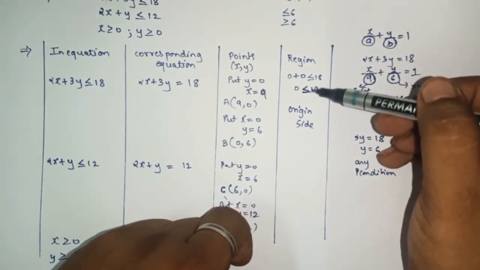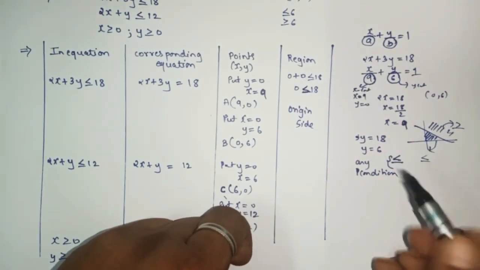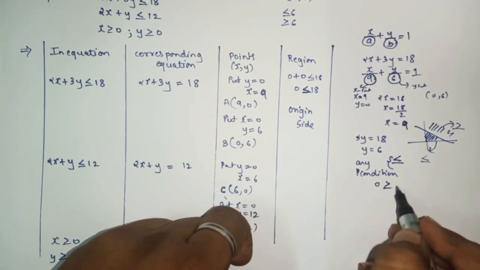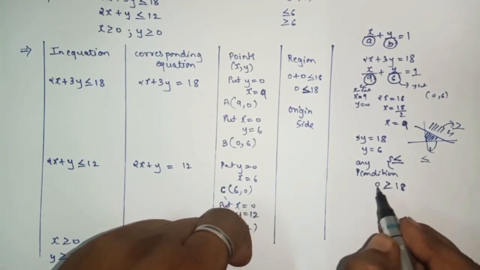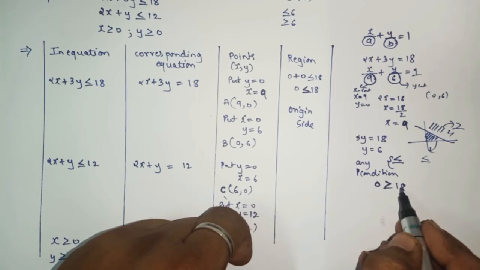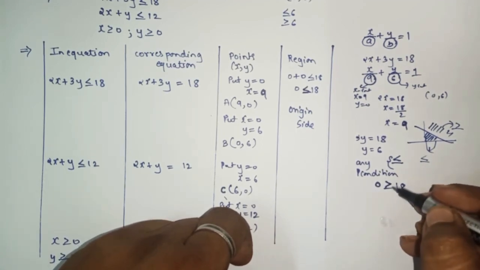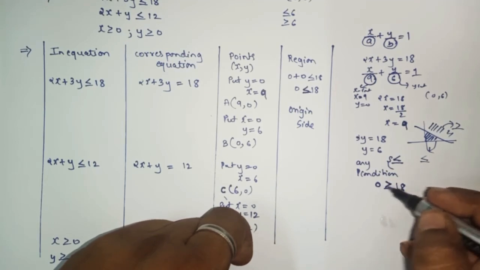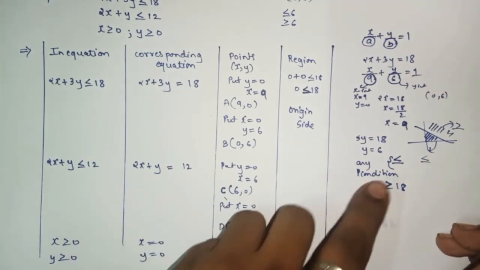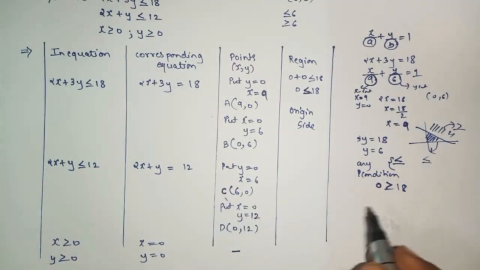If both the conditions are false, like if I say 0 greater than equal to 18, is 0 greater than 18? No. Is 0 equal to 18? No. It means both the conditions do not satisfy because it is neither greater nor equal. It means it lies on the non-origin side.